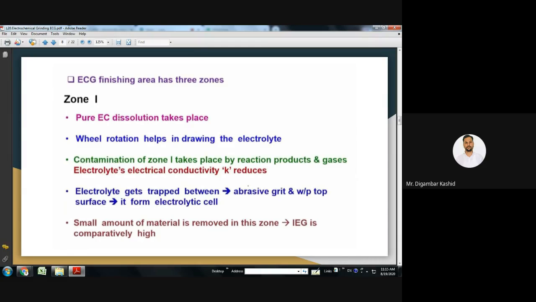Here the electrical conductivity of the electrolyte will be reduced, and the electrolyte will get trapped in between the abrasive grit particle and the top surface of the workpiece. That will form an electrolytic cell there, and due to that only electrochemical action will be there. A small amount of material will be removed in zone number 1 because here the interelectrode gap is higher as compared to zone 2.